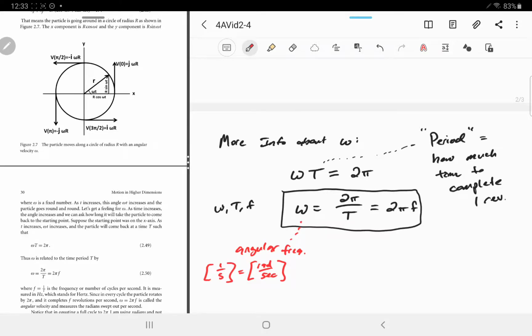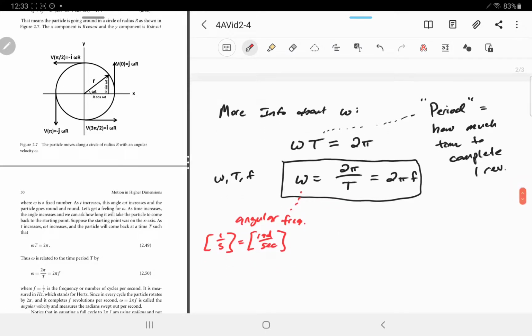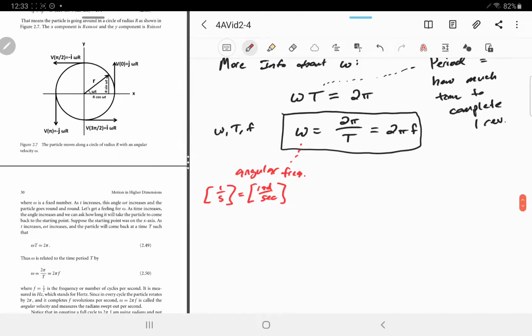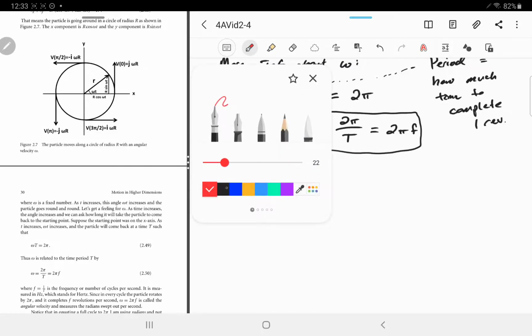So a radian isn't really a measure of, it doesn't have units. It's not like meters or seconds or kilograms or anything like that. So I want to point out one other small thing.